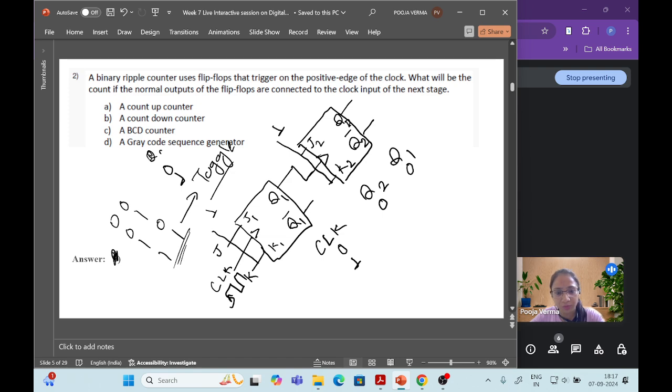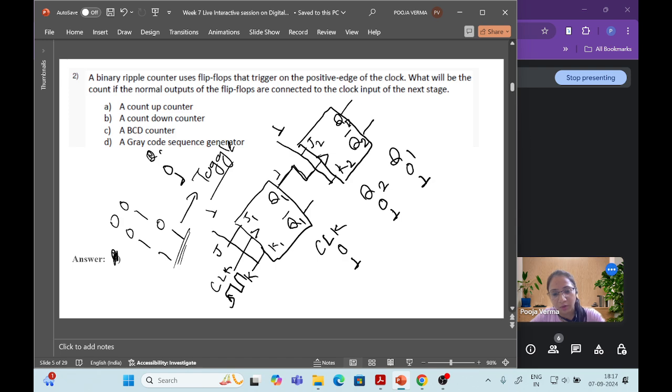So the output of Q1 will be 1. Because the output of Q1 is 1, the next JK flip-flop will be activated, and its inputs are also 1 1, so it will also toggle, so the state will be 1 1, right?